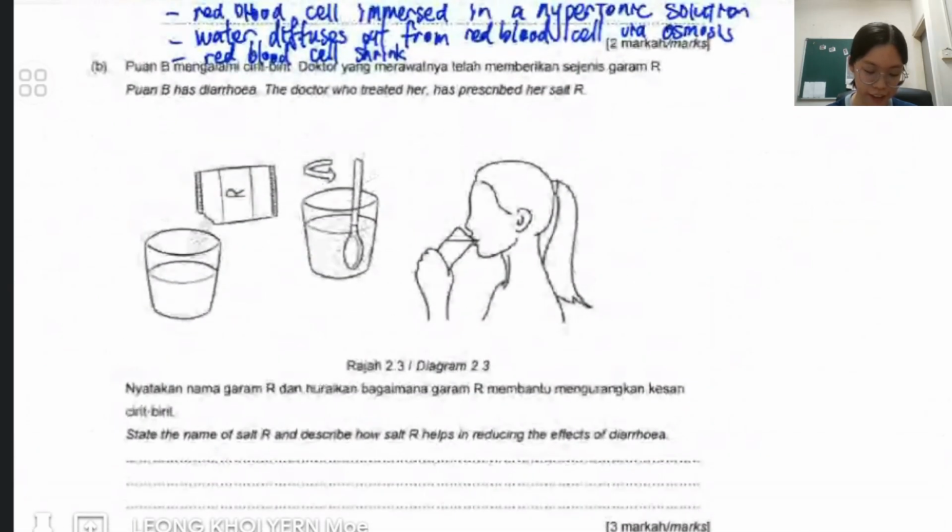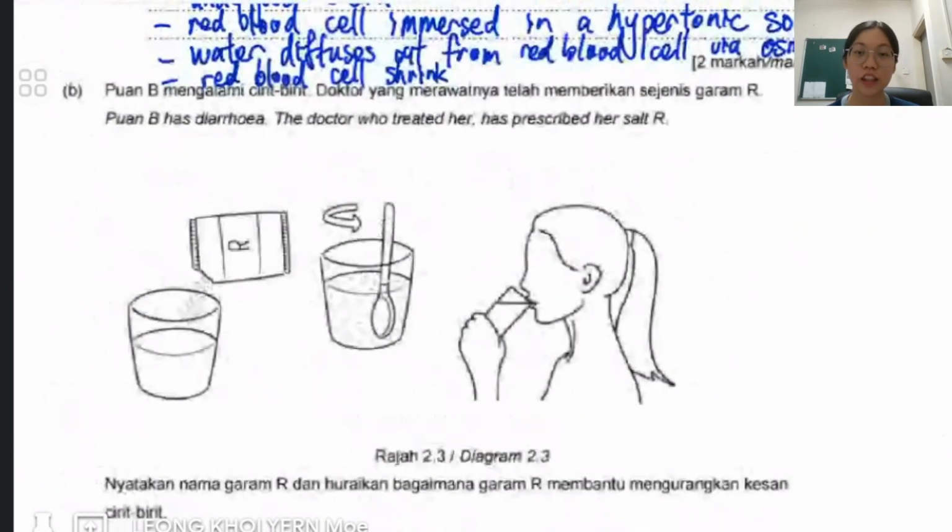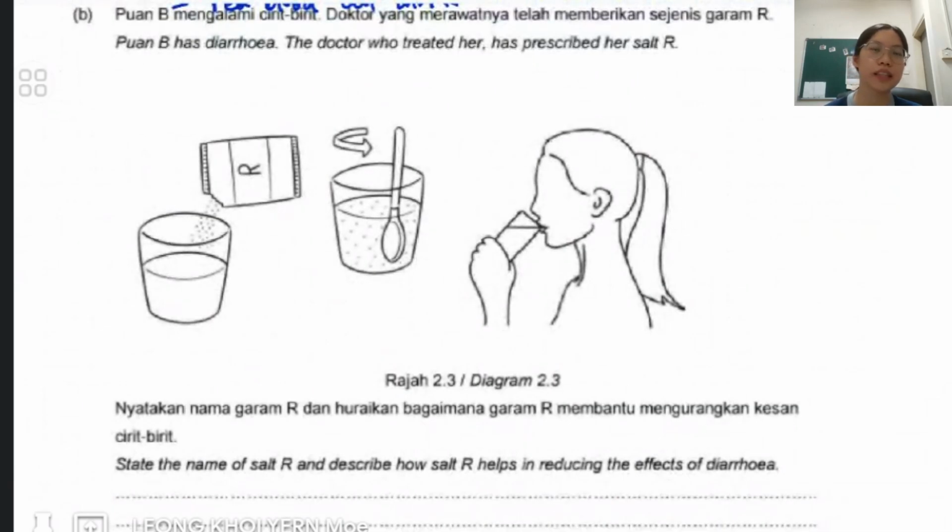The last question right here is about oral rehydration salt. Just now, that question was about saline solution, where normally the nurse inserts it into your vein, and the IV drip contains saline solution. That one is a more severe case.